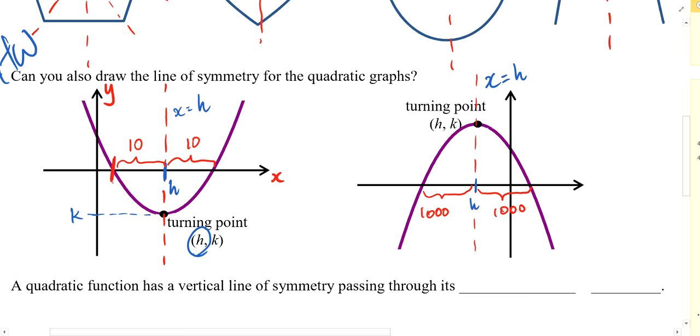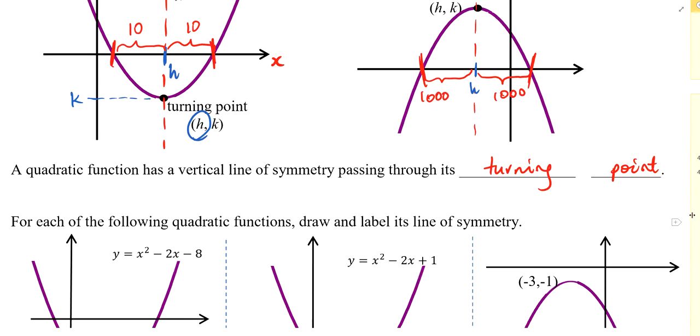So your x-intercepts as well as our line of symmetry give us clues of what each other are. So a quadratic function has a vertical line of symmetry passing through its turning point. So turning point could be the maximum or the minimum point.